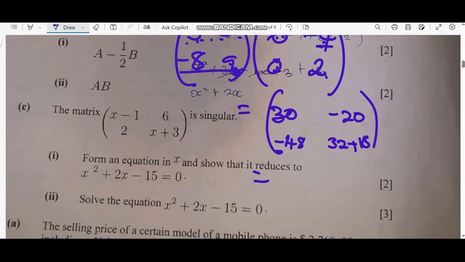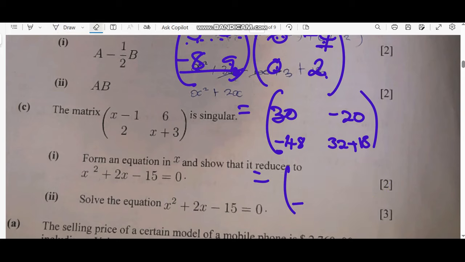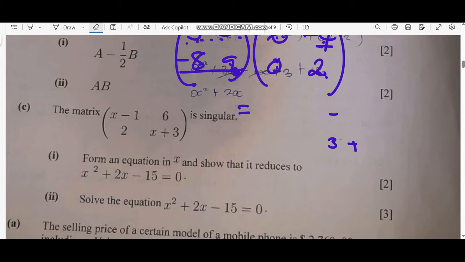So if we add, we get 30 plus 0, and minus 20 plus 0, minus 48, and here 50. I hope I'm correct on that one. All right, then moving on to the next question.